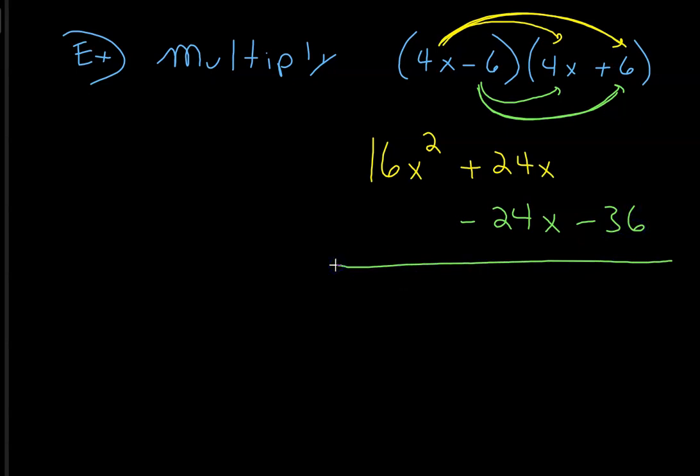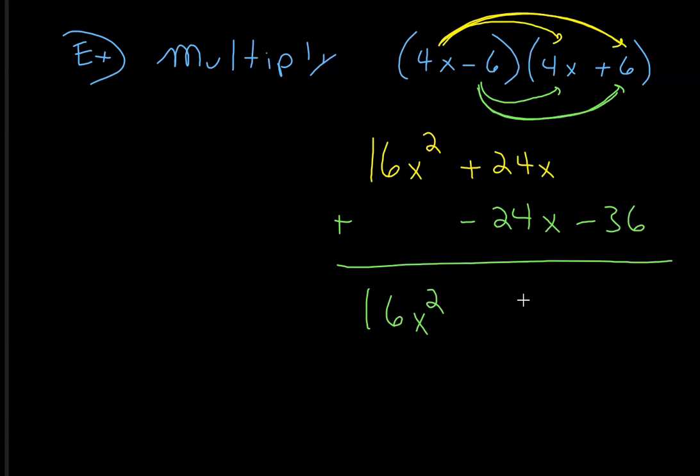So when we add our like terms, which are negative 24x and positive 24x, we should get 16x squared plus 24x and a negative 24x. Positive 24x plus a negative 24x should give you 0 x's.